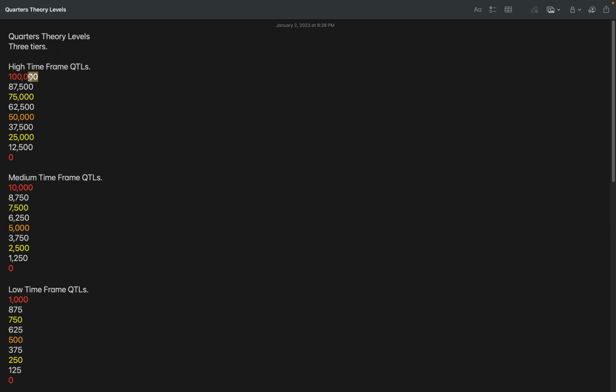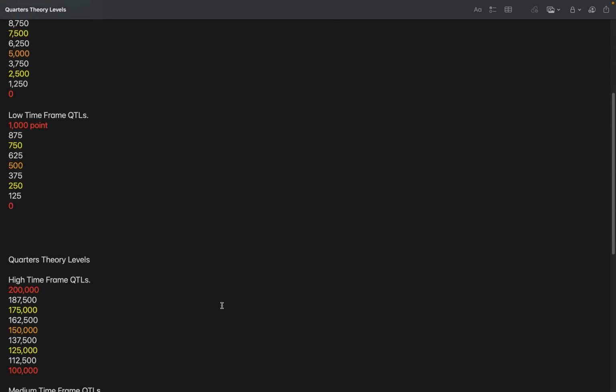So we have 100,000 point, 100,000 points, and on and on. 10,000 point medium quarters theory levels, and 1,000 point low time frame quarters theory levels.